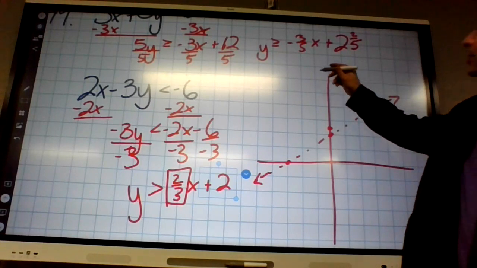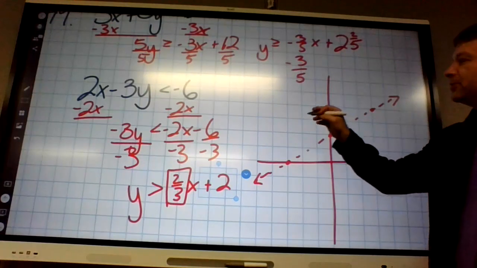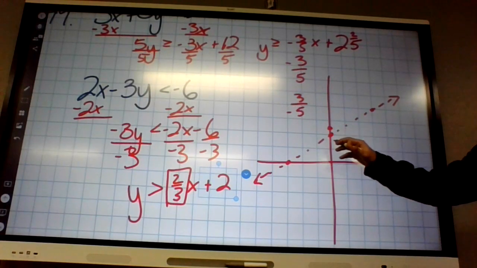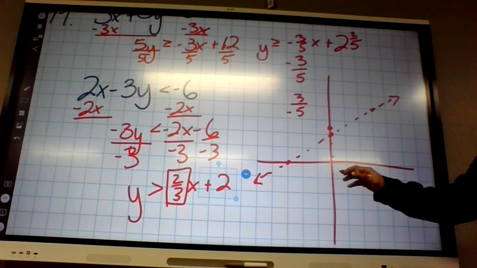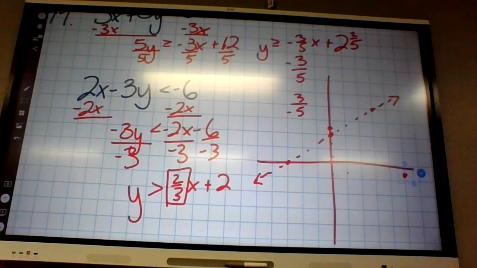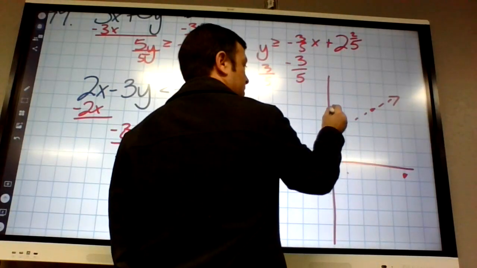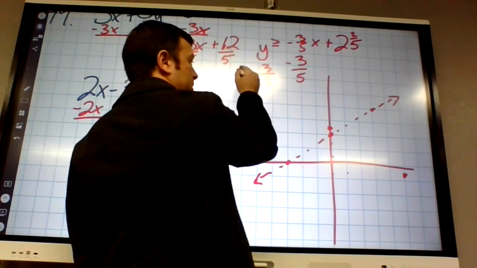Yeah, so when we go down 3 and right 5, or up 3 and left 5. Can we only do 2 points since it's super wonky? No, let's do 3. Up 3, 1, 2, 3, 4, 5. Solid or dash? Solid.